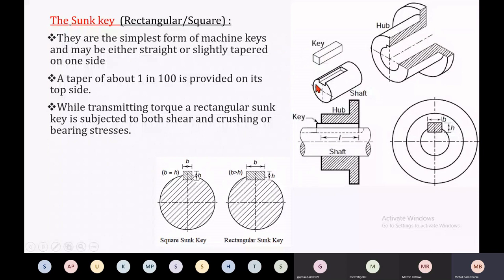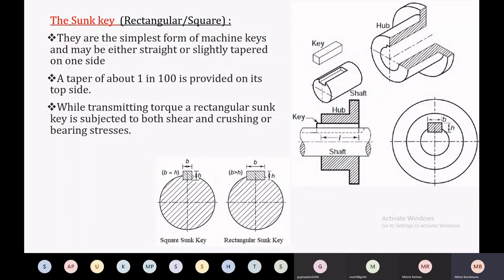So this sunk key is inserted in these keyholes, and through these keyholes it can provide the function of transferring motion from shaft to hub. This is how it looks from the side view, and this is the cut section view of that sunk key. The dimensions of that sunk key are defined by means of breadth B and height H. So breadth and height are the dimensions we are interested in finding out when we are talking about the design criteria.